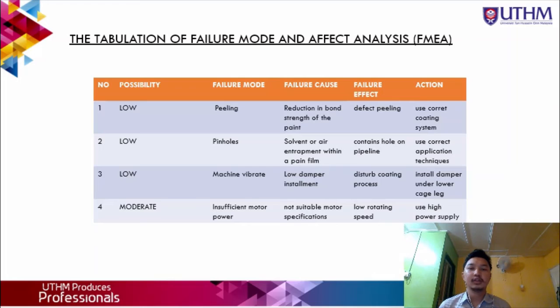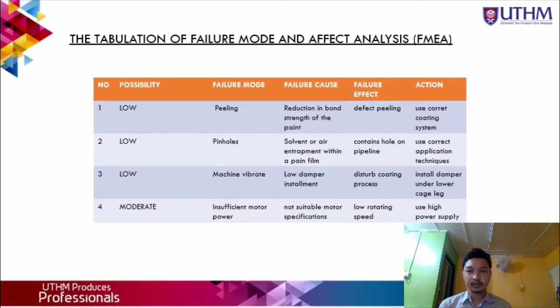And second, pinhole. It causes solvent or air entrapment within a paint film, and the effect is containing holes on the part line. To prevent it, we must use the correct application technique.